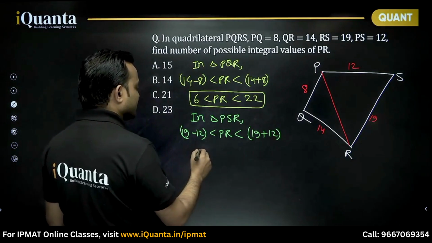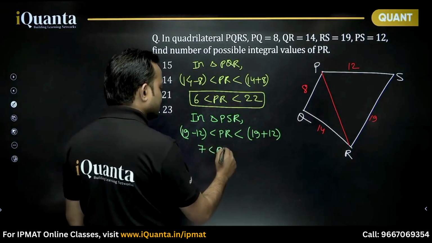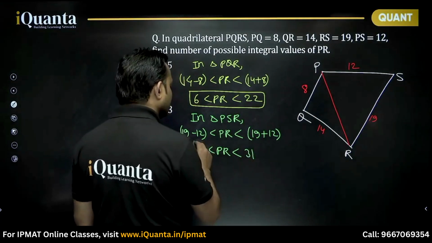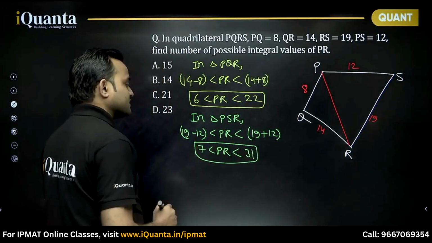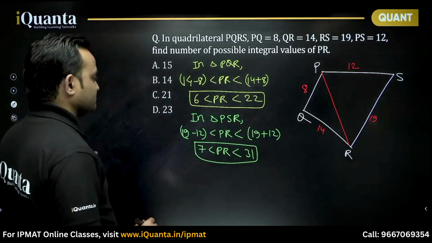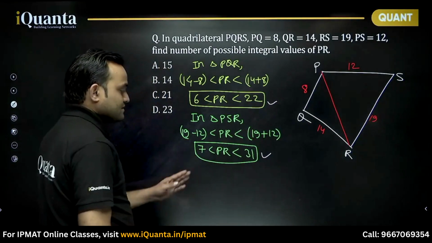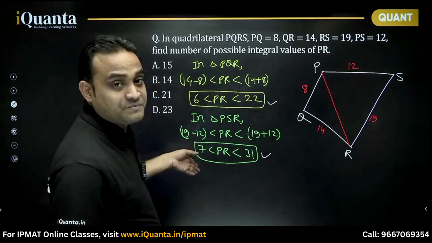So from there we can say PR will be greater than 7 and less than 31. Now again we got another result with respect to PR. Now if I merge these two, PR is greater than 6, PR is greater than 7.